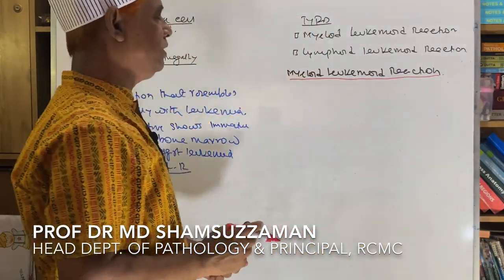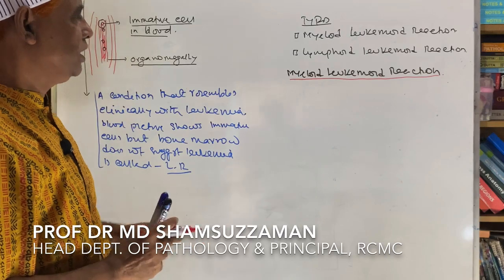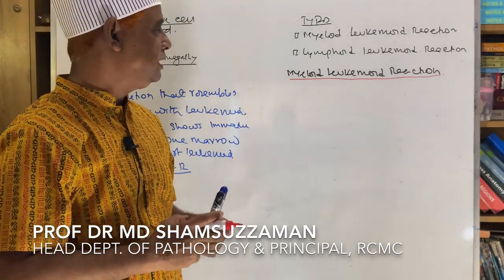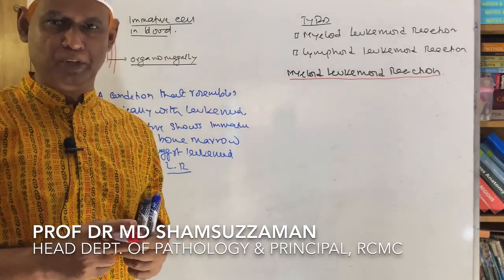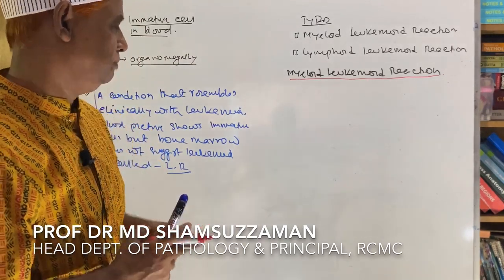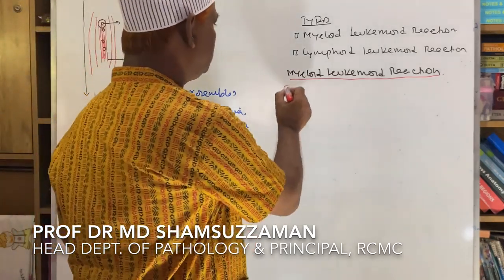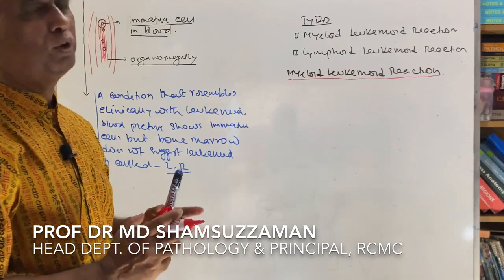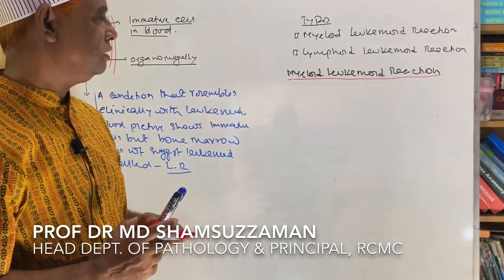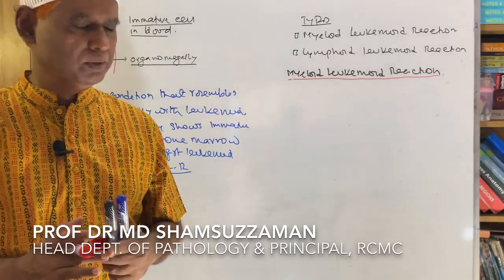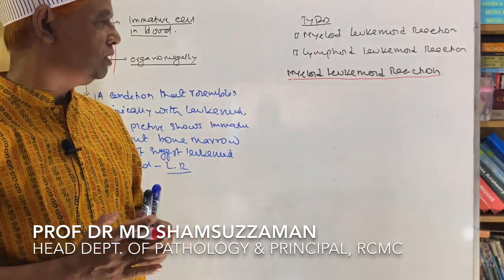What is myeloid Leukemoid reaction? Leukemoid reaction that resembles myeloid leukemia is called myeloid Leukemoid reaction. Now come to the causes of myeloid Leukemoid reaction.